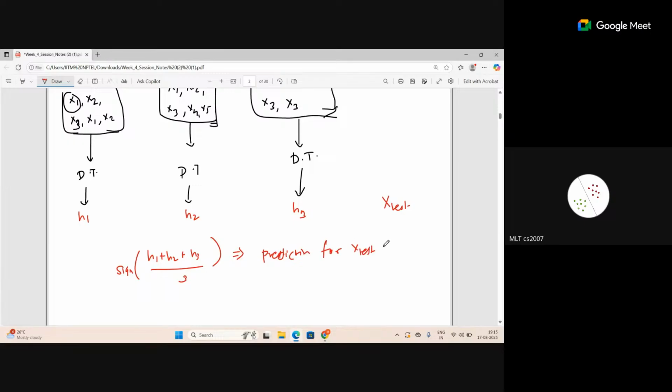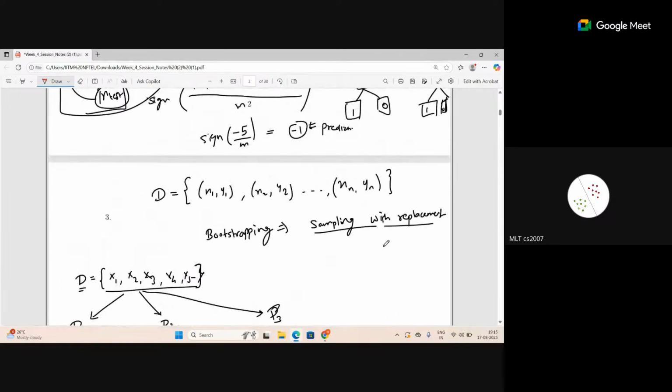I hope you are understanding this part. So every time, let's say you have n data points here. I should get d1, d2, d3 data sets, like that, up to, let's say, m data sets.